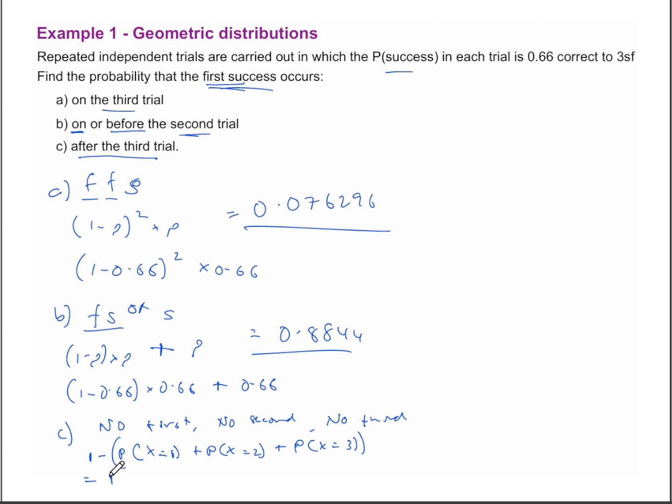This is just going to give us 1 minus [p plus p times (1 minus p) plus p times (1 minus p) squared].